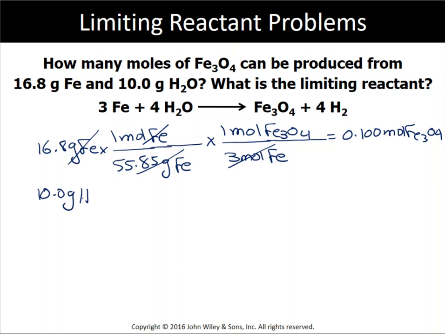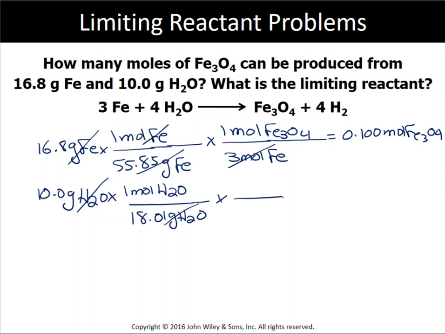Now we do the same thing with water too. We have 10 grams of H2O. Each mole H2O is 18 grams of H2O. And based on the balanced reaction, each 4 moles H2O gives us 1 mole of Fe3O4.